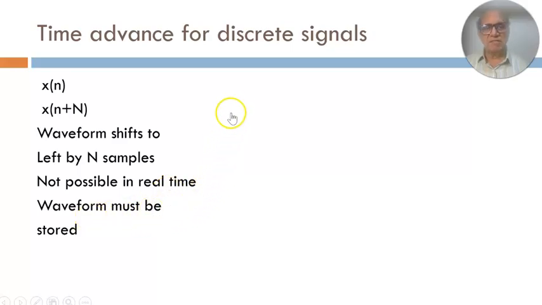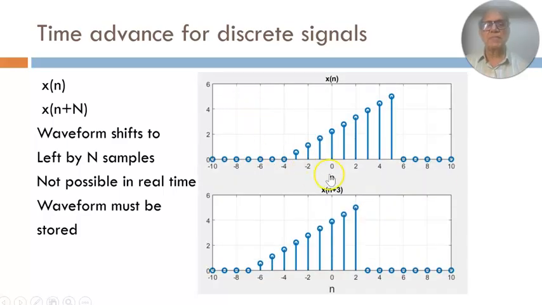A waveform can be advanced only if it is in stored form, because in real time, you can't really go back in time. So whenever people talk of time advance for either continuous time or discrete time signals, they are referring to a stored signal. Again, note that sample number 5 has the highest amplitude. Now this is advanced by 3. So 5 minus 3, so 1, 2, 3, this occurs at 2. In fact, every other sample shifts to the left. That is your time advance.